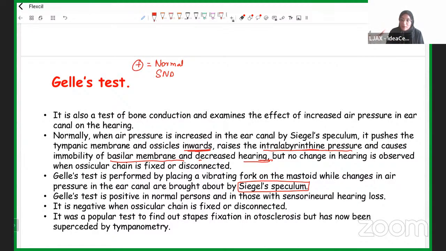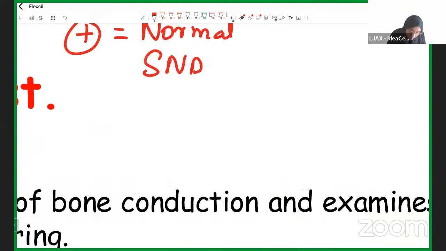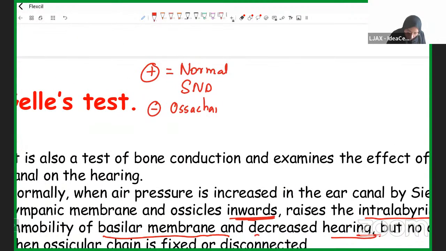So the pressure is not going to affect them. So it is negative in people who have a fixed ossicular chain or disconnected cases.